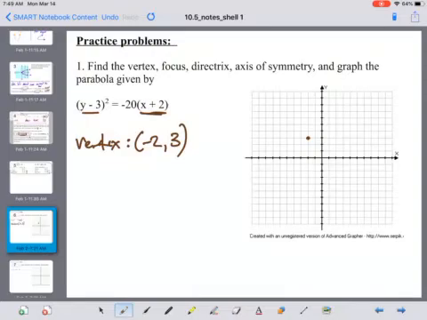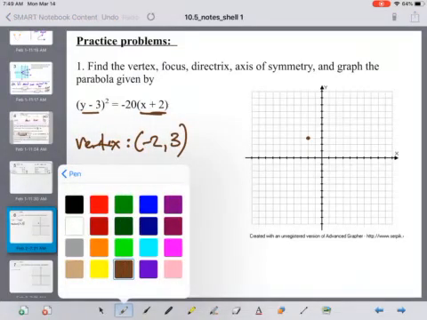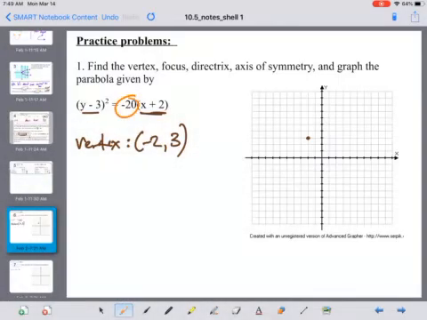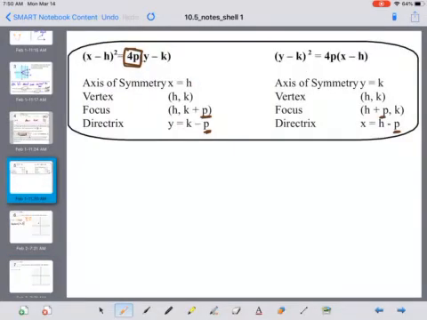We're going to need our p-value. So we're going to set 4p equal to negative 20, which means our p-value is negative 5. So now remember to look at this. So our p-value, we also have a y squared one.